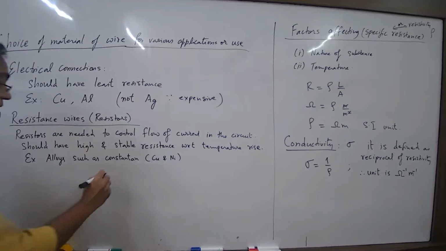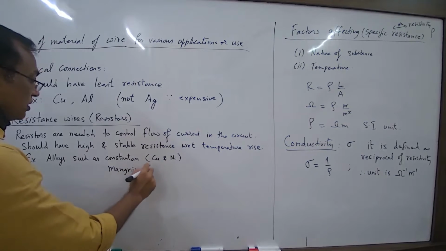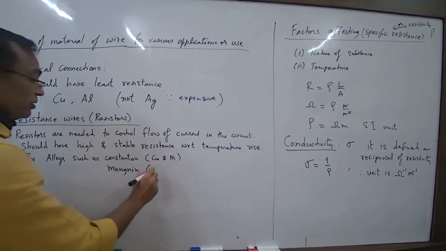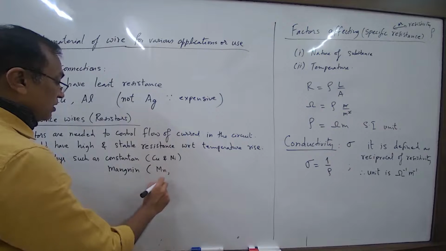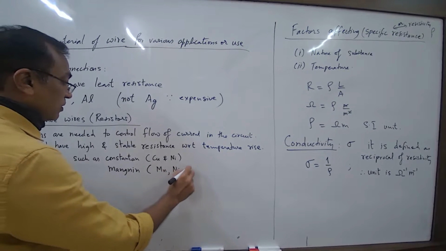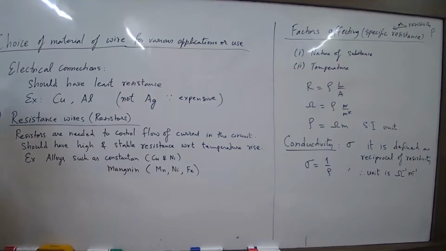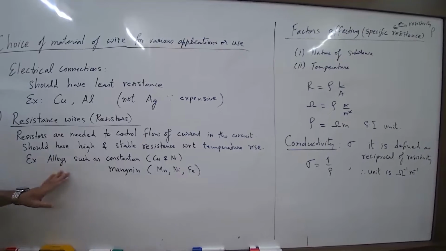Then you have manganin, which is a mixture of manganese, nickel and I think iron as well. Either of the two, just check it out. So these alloys have high resistance.